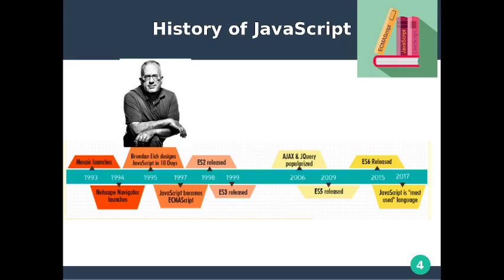Then we will check the history of JavaScript. Mosaic was launched, and Netscape Navigator launched. Then in 1995, Brendan Eich designed JavaScript within 10 days, and it became ECMAScript. ECMAScript 2 was released, and then ECMAScript 3 was released in 1999.